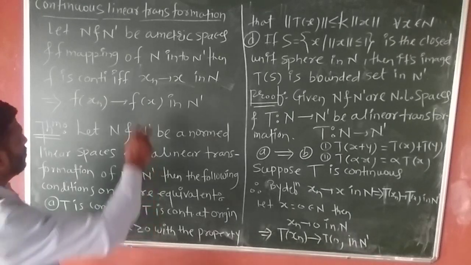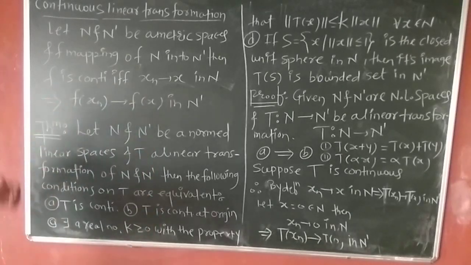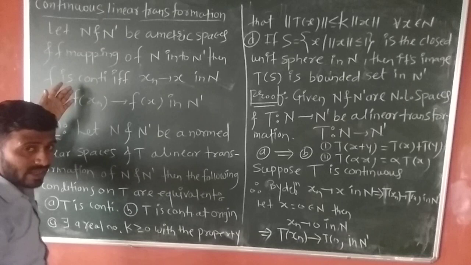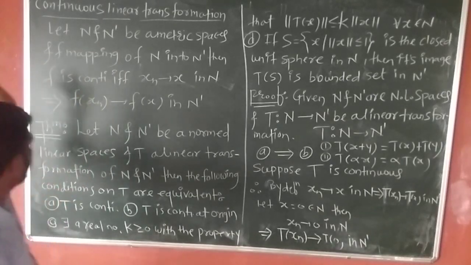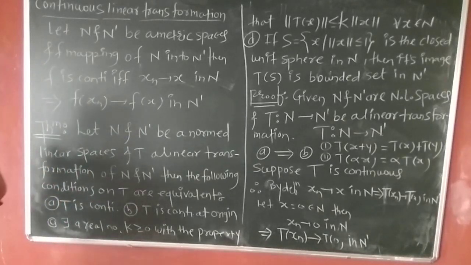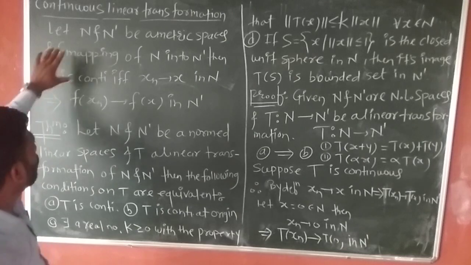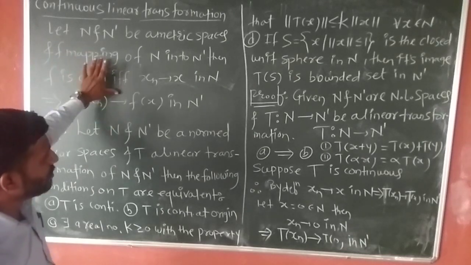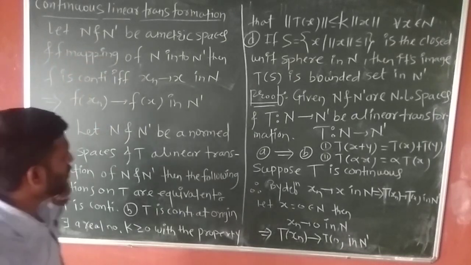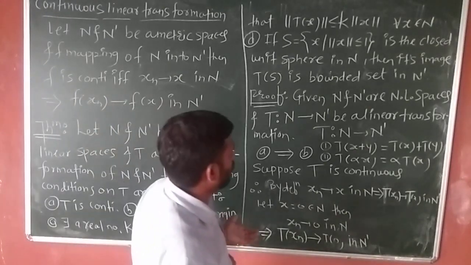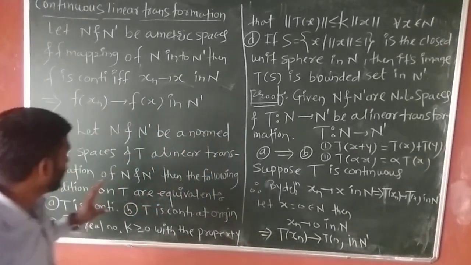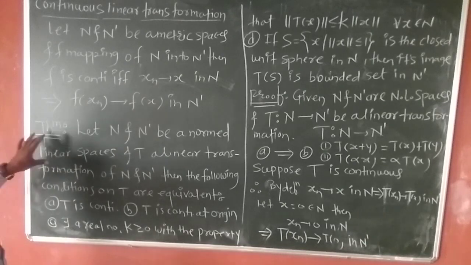Here in place of T we take f. In the theorem we are given T, that is a linear transformation, so it is just a mapping. So we have to use the definition of continuity and prove these statements. So we have to give the theorem.